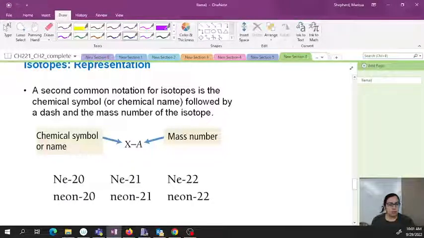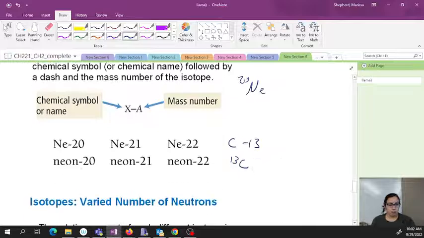So this is just another way to represent isotopes. Yesterday we were looking at neon 20, written in this form, but you'll find you can also see it written this way. So you could see C13, or 13C, or carbon 13, carbon 14.